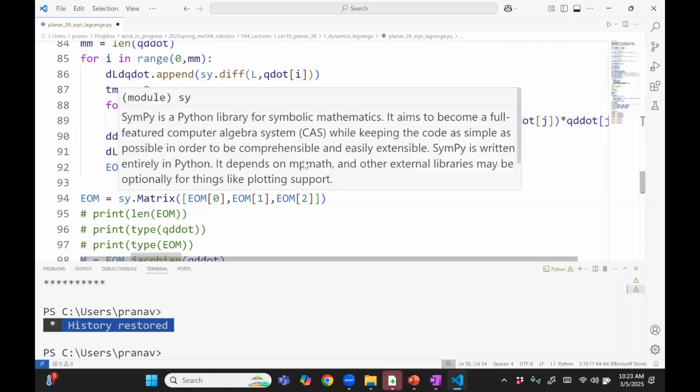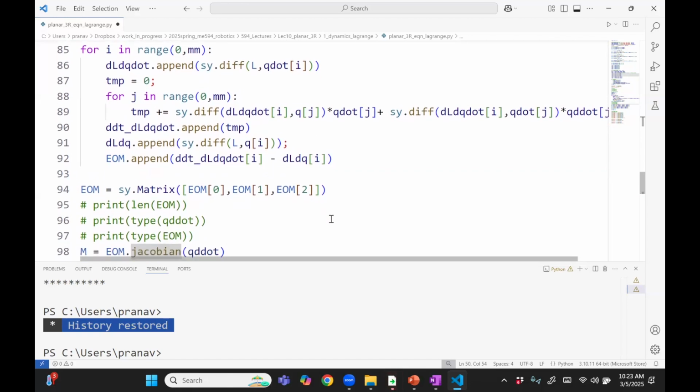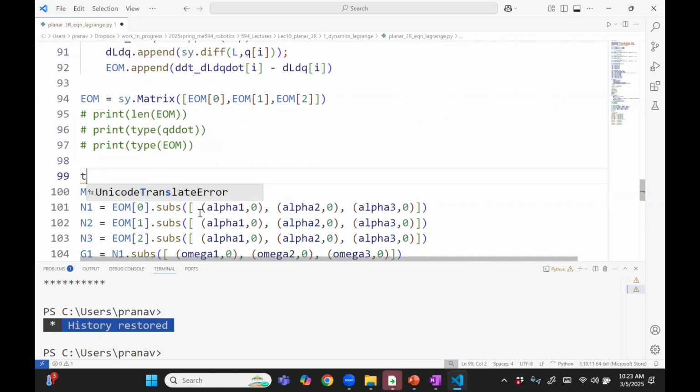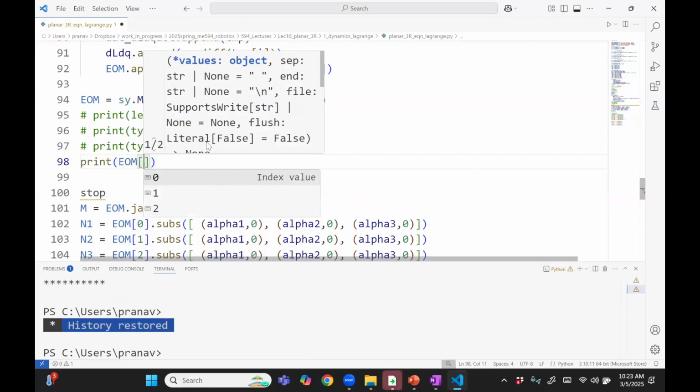Remember that this is a loop which runs for 3 joints, so there'll be 3 equations: EOM 0, EOM 1, EOM 2. Okay, this is where let's stop. Intentionally putting that, it'll actually quit there. Let me just print EOM 0.